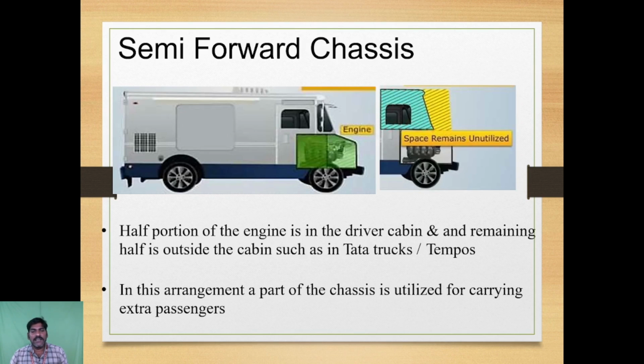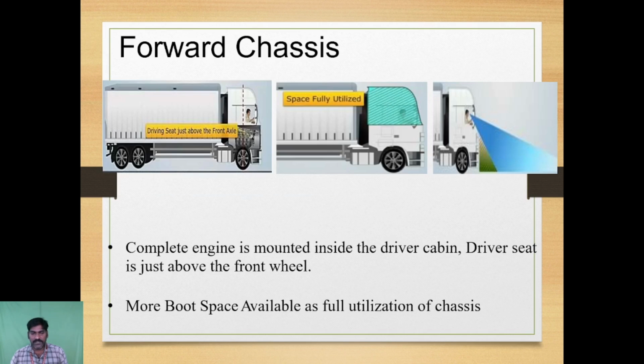Semi-forward chassis, where engine space remains utilized. First one, half the engine is in the driver cabin and the remaining half is outside the cabin, such as in Tata trucks and tempos. Second one, in this arrangement, a part of the chassis is utilized for carrying extra passengers.